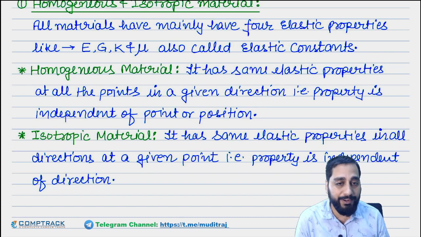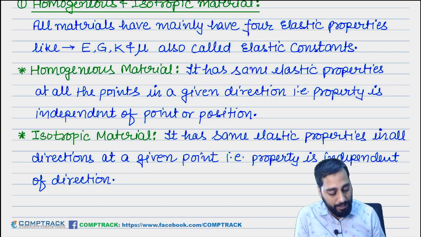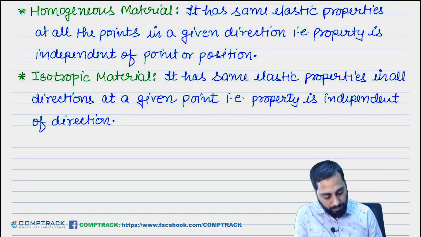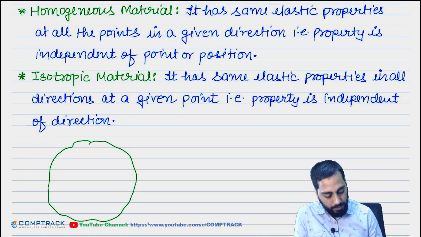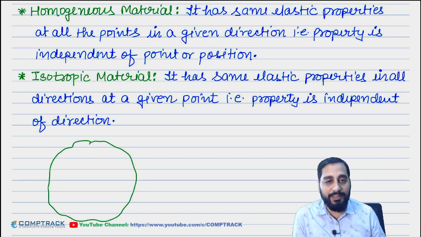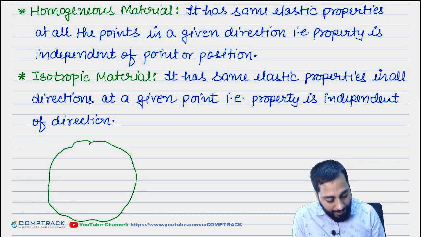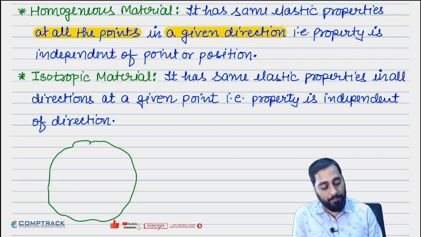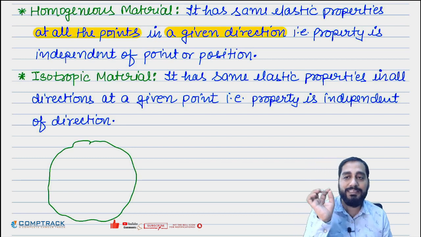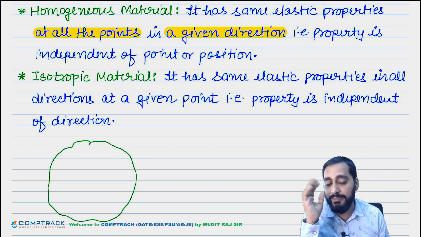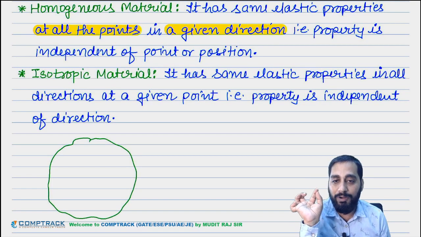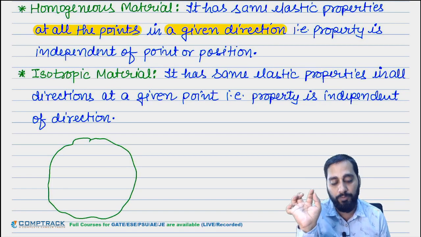Okay, so how we can draw these things? Look here. First he is saying homogeneous. So let's say this is a material. In the homogeneous material, he is saying at all points in a given direction, property is same. So let's say I am seeing first property Young's modulus of elasticity E. I want to check the value of E for this material.